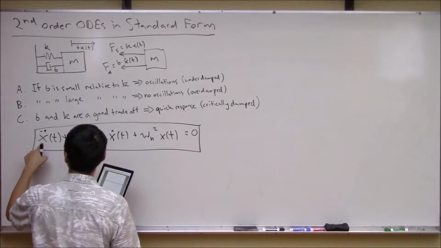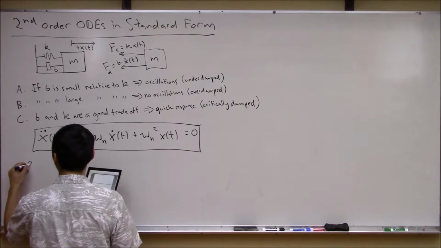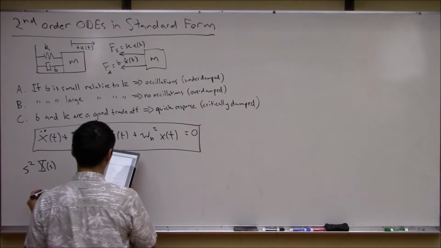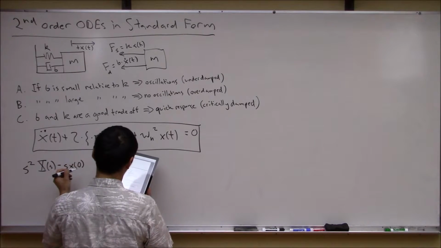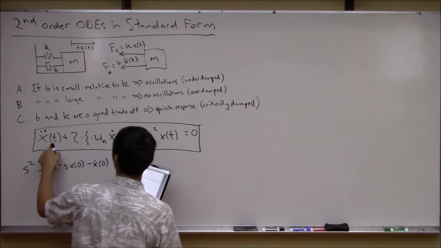So here we go, Laplace transform x double dot. So that is what? It's going to be s squared x of s, right, minus s times the initial position of the block minus the initial velocity, right? That's this first term.